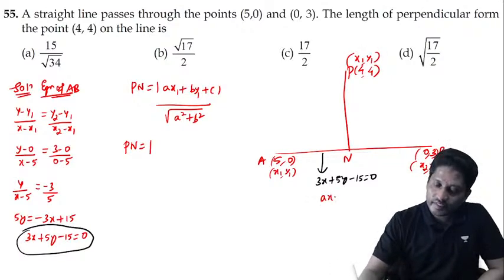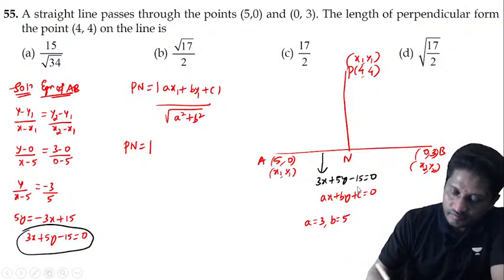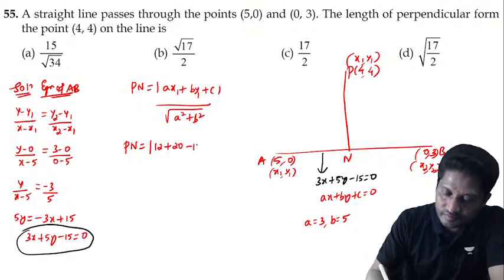This is of the form ax plus by plus c is equal to 0. a is equal to 3, b is equal to 5. If I take this point and substitute here, 4 into 3 is 12 and 5 into 4 is 20. Keep the constant as it is, minus 15. By root of a square plus b square, which is 9 plus 25. So you get 17 divided by root of 34.